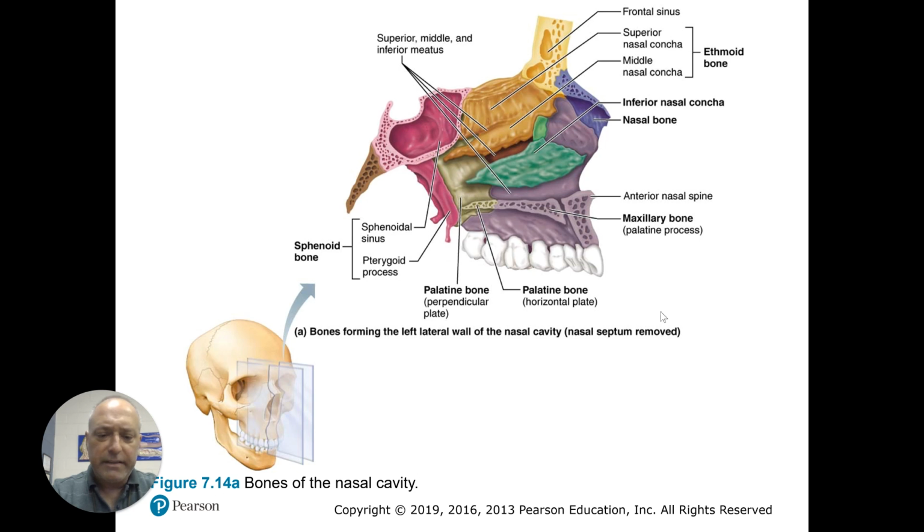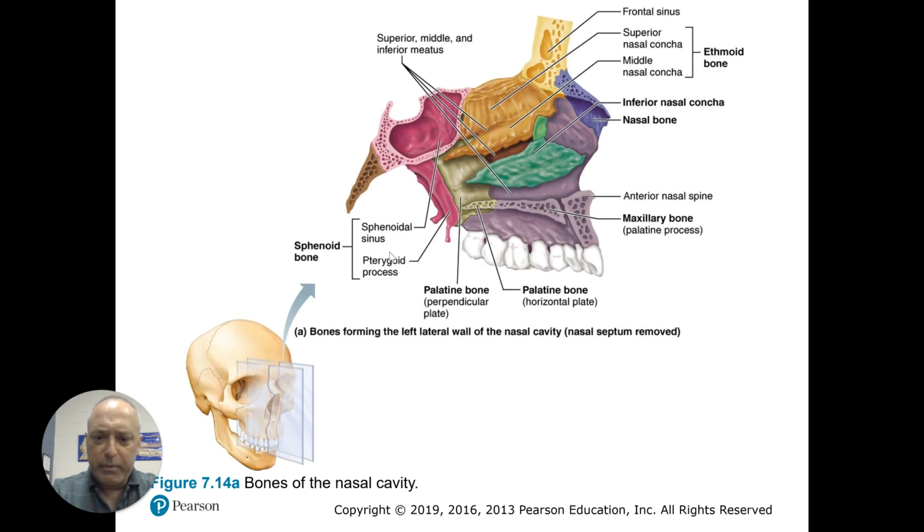Taking another look at the nasal cavity with the nasal septum removed, we can start with the ethmoid superiorly, the nasal bone inferiorly, with the maxillary bone making up the hard palate, the palatine bone posteriorly to that.